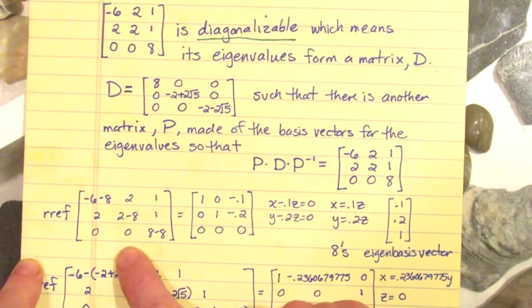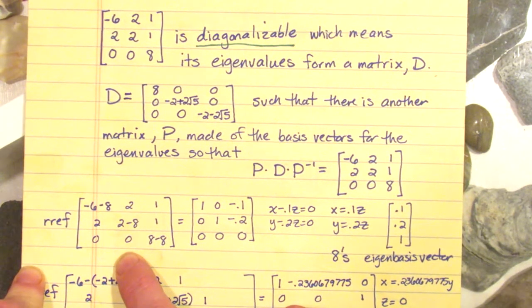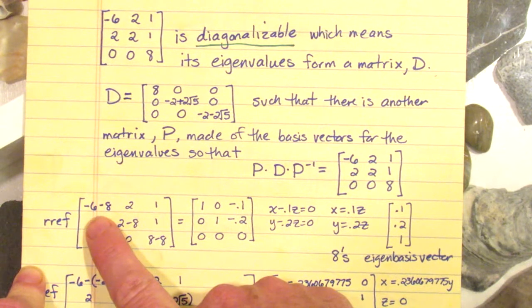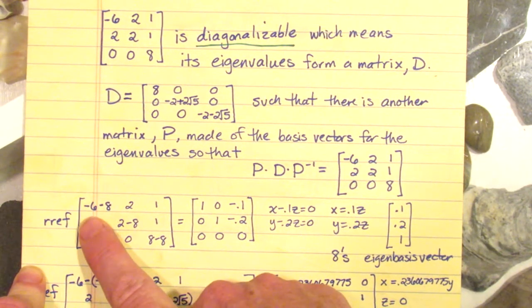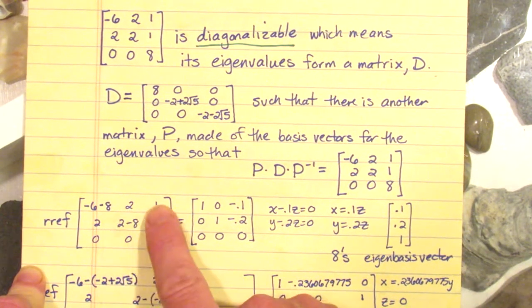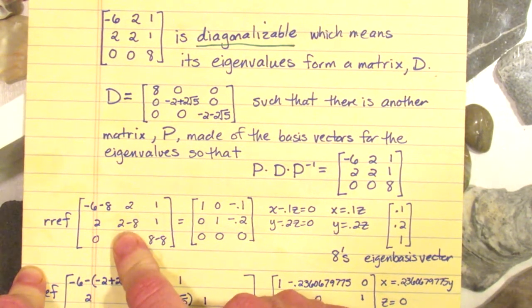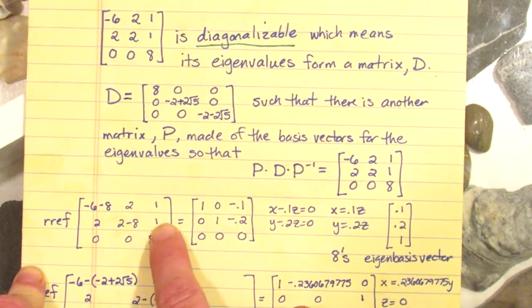If you build a new 3x3 matrix off of the original one and each eigenvalue, so for example, 8 was one of our eigenvalues. So in this column, I have -6 minus 8, and then I've left these other entries as they were. And then in the second row, I have 2, and then 2 minus 8, and then I've left this alone.